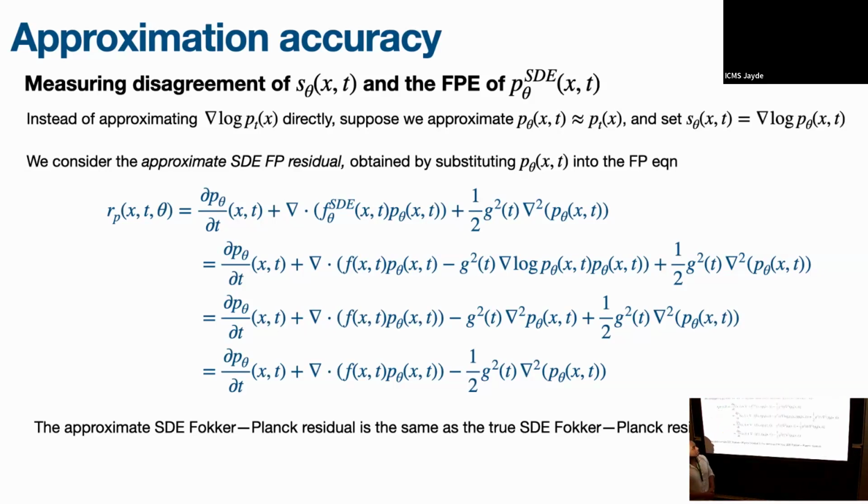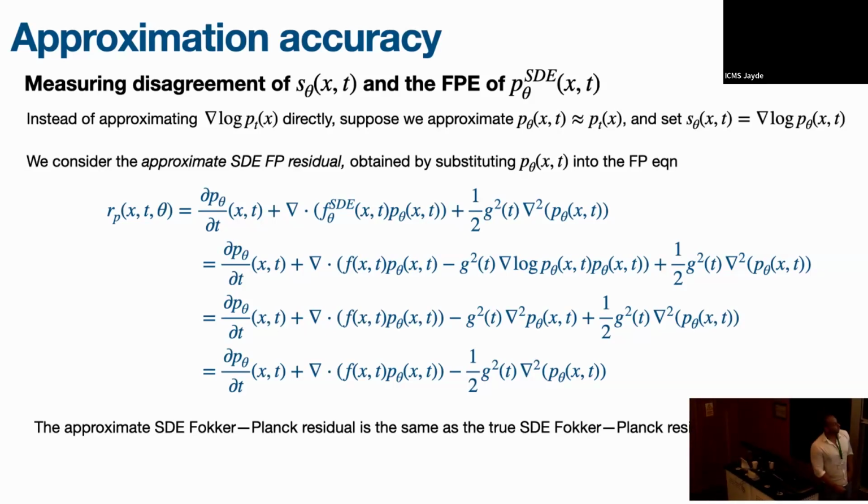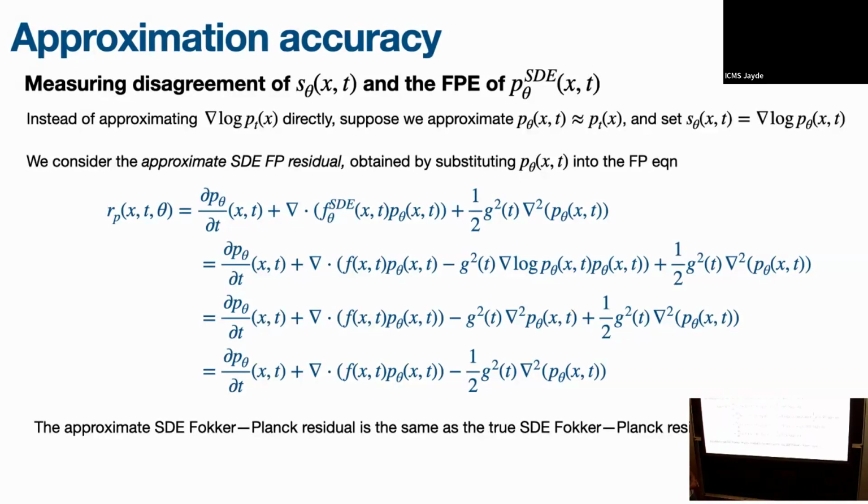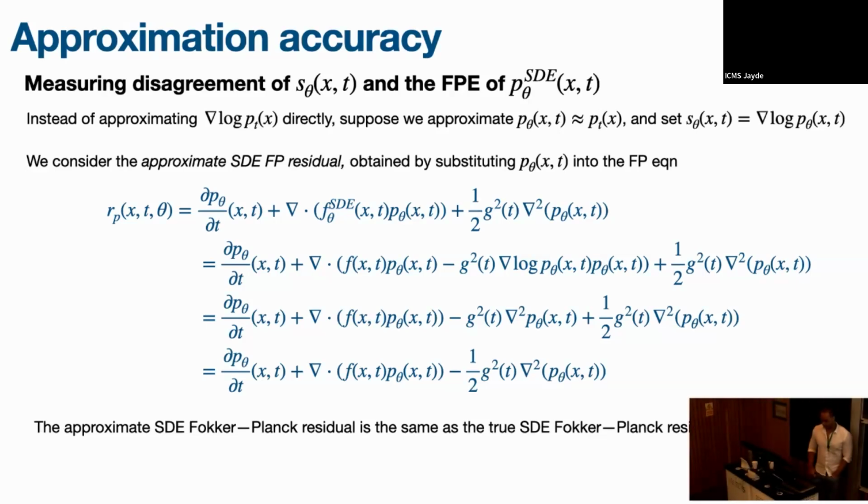And we just compute the score implied by that by taking the log and differentiating. Then you can write down the residual as the Fokker-Planck equation that is implied by that. And because this p here is an approximation, this will be a non-zero quantity, but when it becomes small, that means that locally at least you should be satisfying the Fokker-Planck equation.